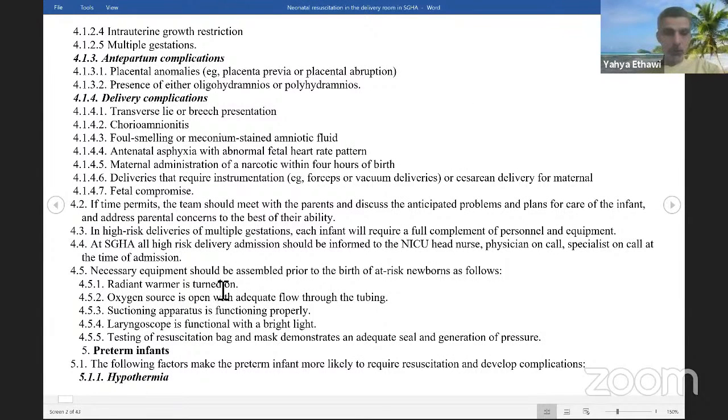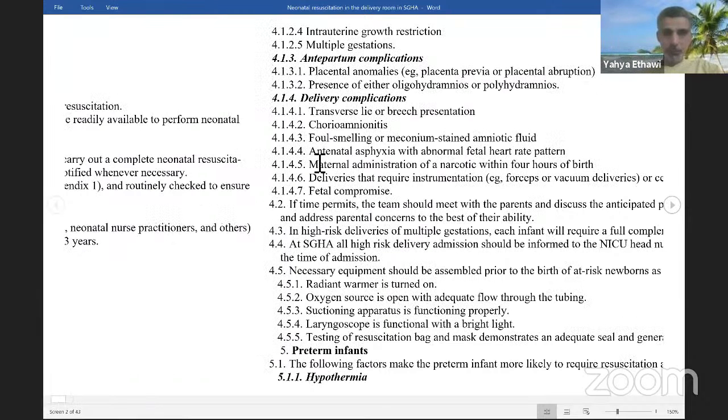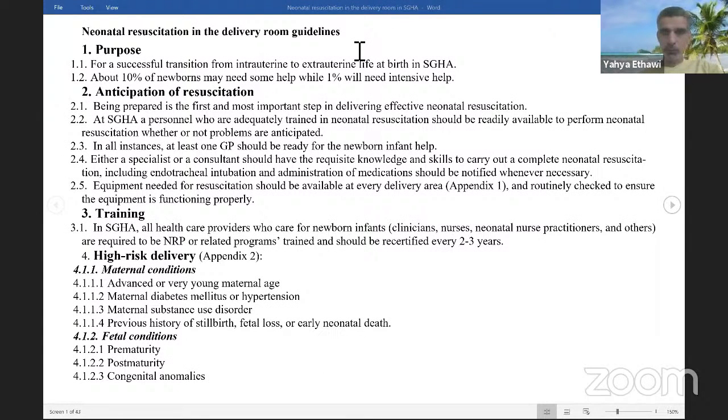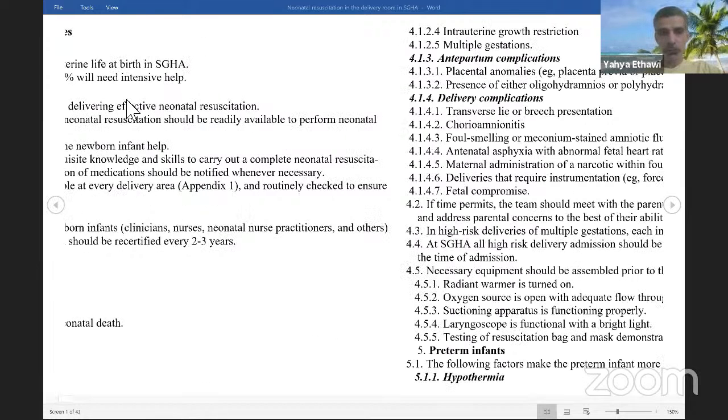Okay, so hello, everybody. This is the protocol that we will be using when we resuscitate newborn babies, whether in the resus room or in the NICU. In the first session, we talked about the purpose, the anticipation, training, and the definition of high-risk delivery, including maternal and fetal conditions, and also complications of antepartum and delivery.